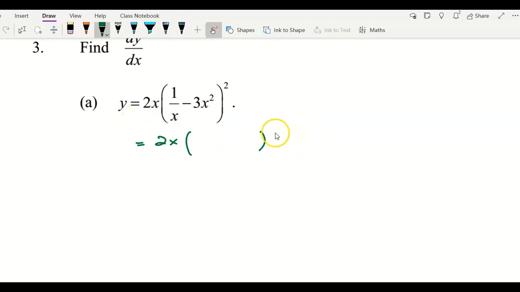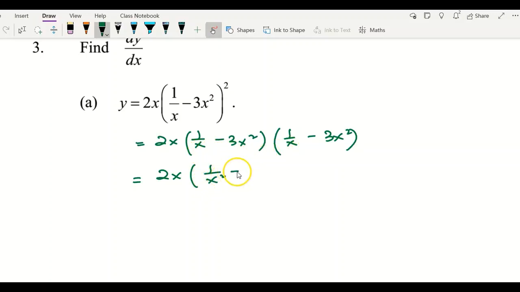Alright, expand it, meaning I will write down the function in the bracket to represent a square, and then I will expand it by taking 1 over x multiplied by 1 over x. You get 1 over x squared, minus 1 over x multiplied by negative 3x squared.